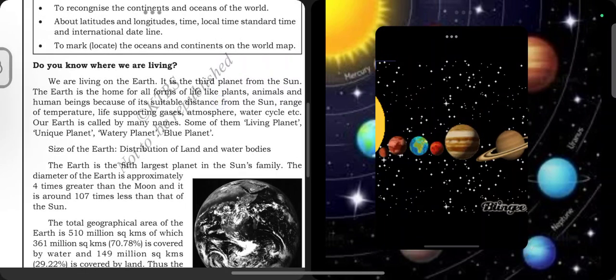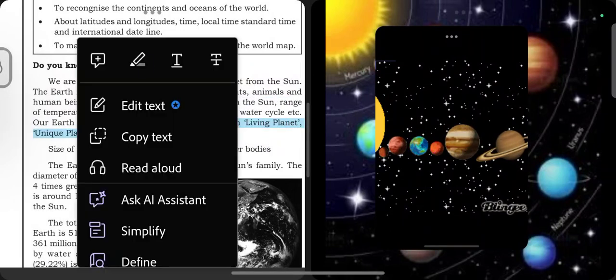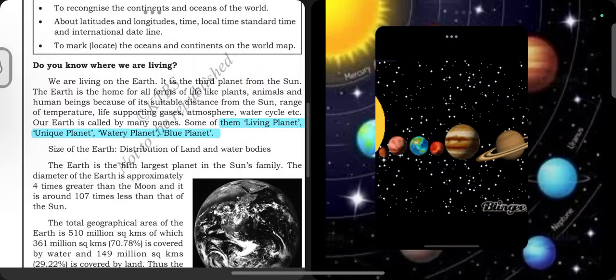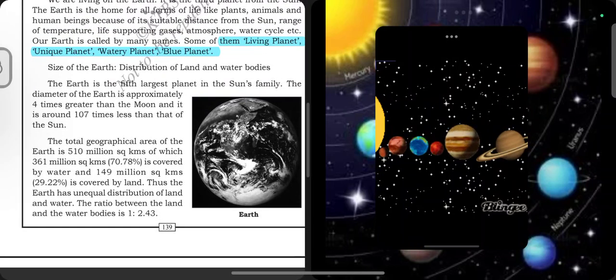See, the Earth is also called the living planet, unique planet, water planet and blue planet. These are all the different names which have been given to the Earth. You can see in the slide.